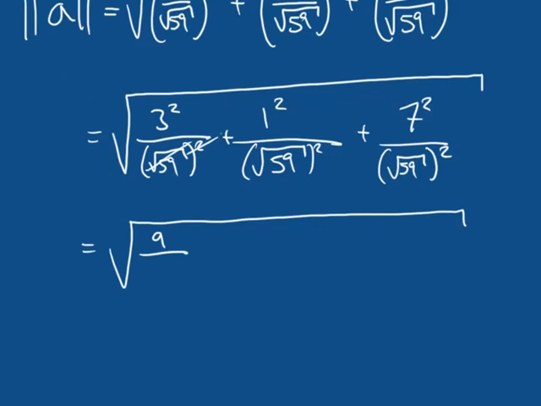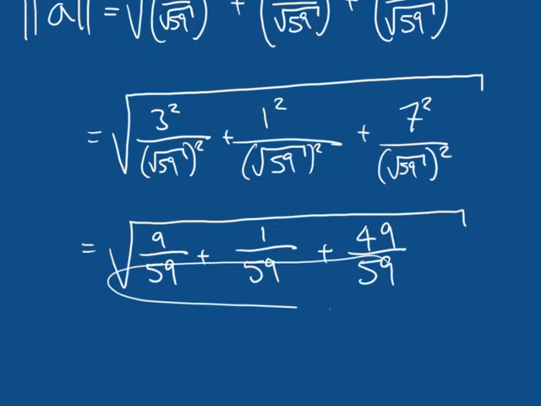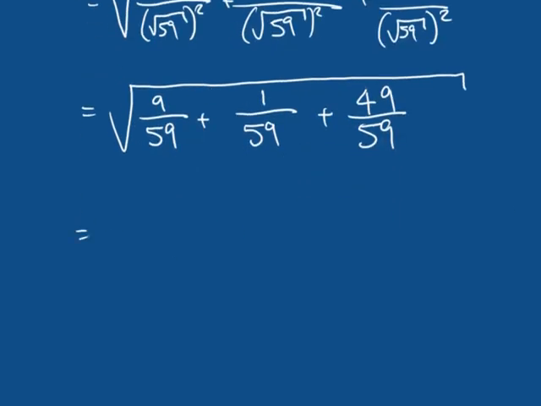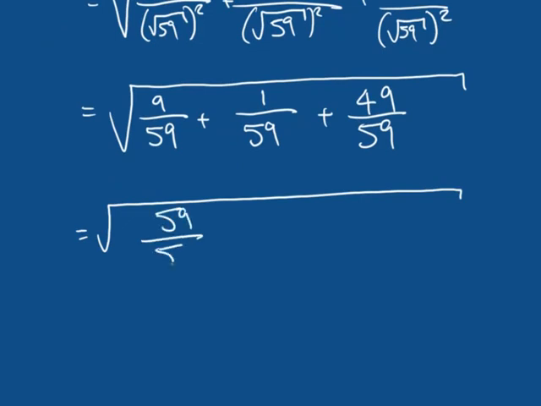Obviously these are going to cancel, so that's equal to 9 over 59 plus 1 squared is 1 over 59 plus 7 squared is 49 over 59. Because these are all the same denominator, we can combine these fractions together, so that's equal to 9 plus 1 is 10 plus 49 is 59 over 59.